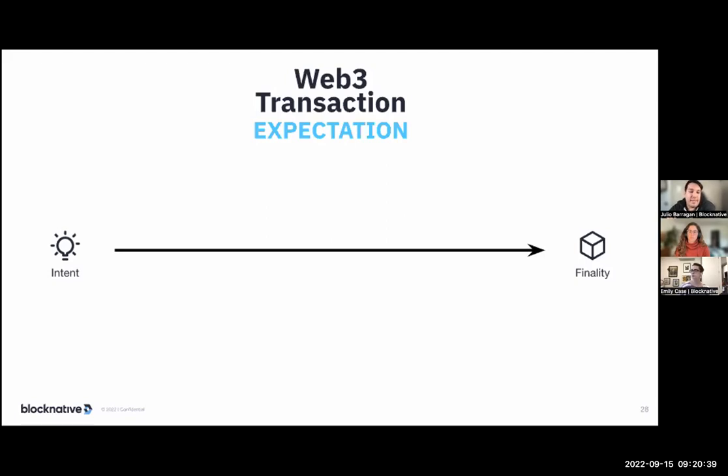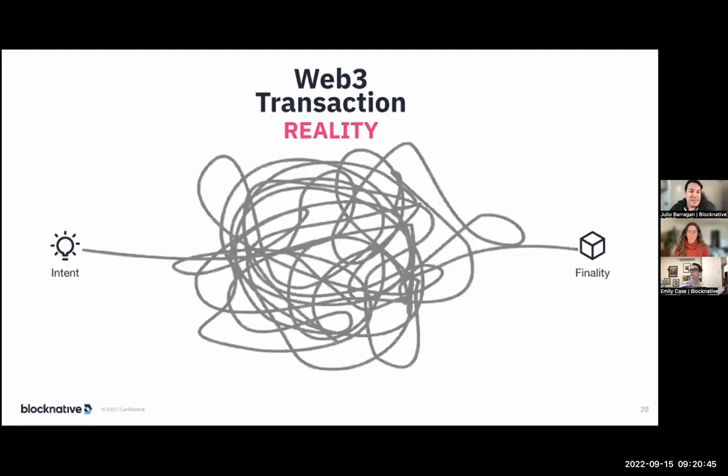And this unfortunately also introduces a lot of unexpected complexity into transactions. So Web3 transactions are inherently much more complex than the traditional transactions that many are accustomed to. And this is because in Web3, users now have the ability to take complete control of their transactions, right? But this control comes with hidden complexities and hidden risks that could prevent your transactions from reaching their intended outcome.